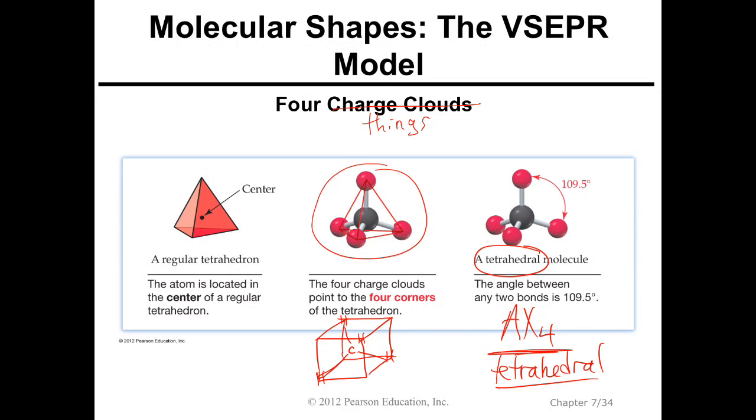I don't know if that is any clearer to you, but alternate corners of a cube is also a tetrahedron. And the angles are around 109.5 degrees for a pure tetrahedron.